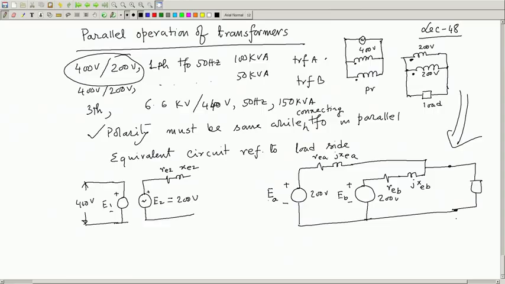In that case, if the switch is open, there will be a circulating current, which is limited by the sum of the leakage impedances of these two transformers. Anyway, people say that a little bit of difference of voltages may be allowed, provided it does not cause a large circulating current.